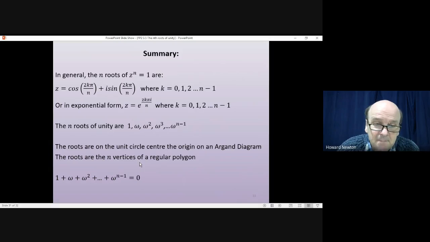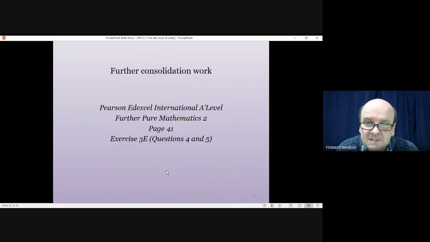And lastly, if we add all of the roots together, we will always get 0 for the answer. Okay, that gets us to the end of the lesson. If you've got the textbook, then turn to page 41, exercise 3E, and questions 4 and 5 are on the sort of thing that we've been doing in this lesson.